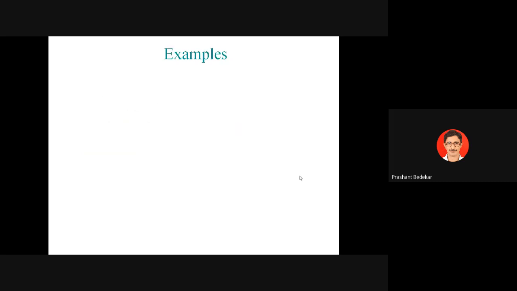Let's see the examples, and that will make it clear what inspires us to study optimization. Basically, the study of optimization is inspired from nature, and that is why you will find that nowadays there are so many nature-inspired algorithms coming, which are used to solve optimization problems.